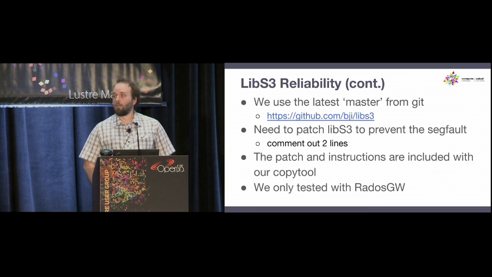So to work around those issues, first we started using the latest source repository from libs3 to make sure that we knew which version we were actually using. And we needed to patch libs3. It's a very simple, 2-line patch that is also provided with our source code to get around the segfault that was happening in libcurl. So the patch and instructions are provided.